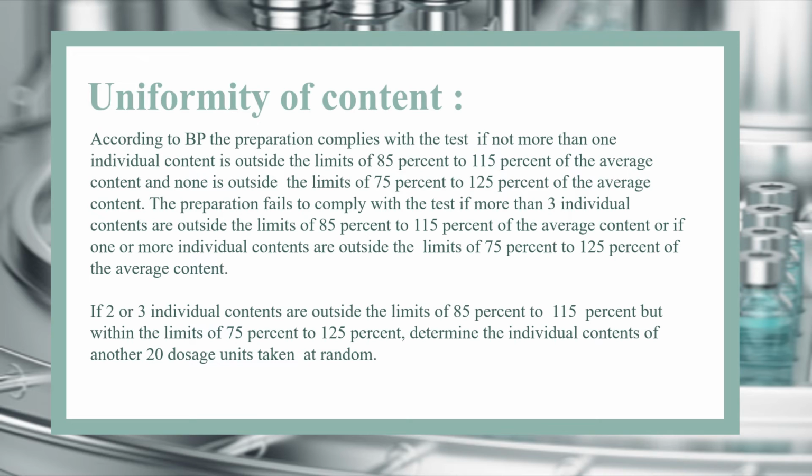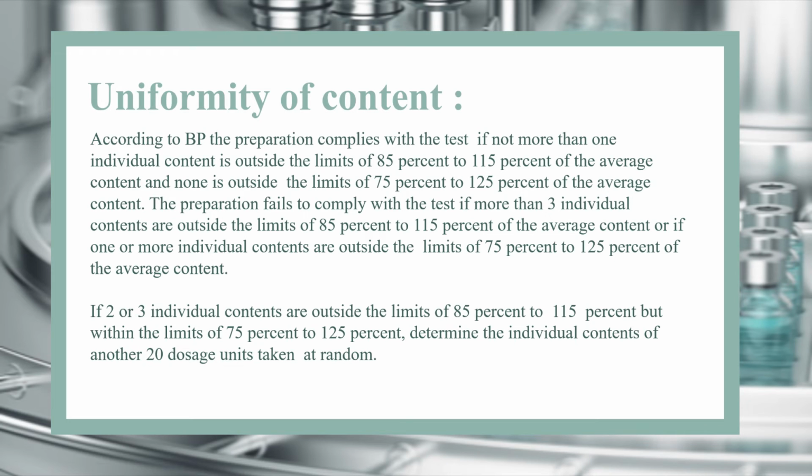According to the British Pharmacopoeia, the preparation complies with the test if not more than one individual content is outside the limit of 85% to 150% of the average content, and none is outside the limit of 75% to 125% of the average content.